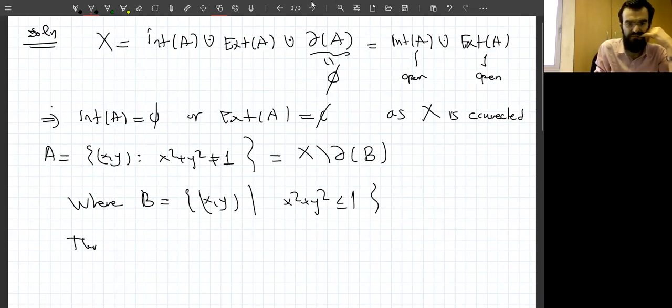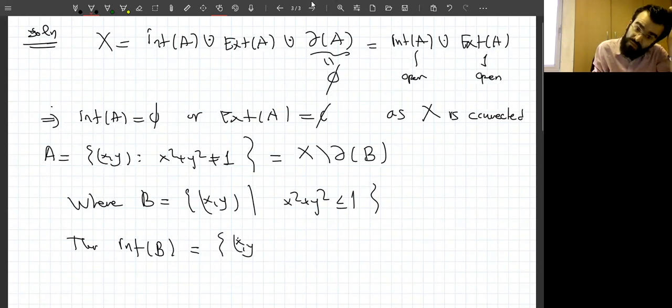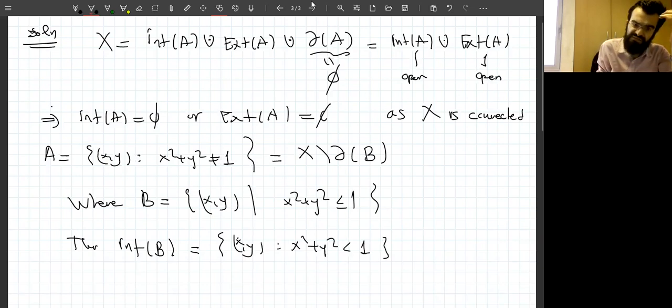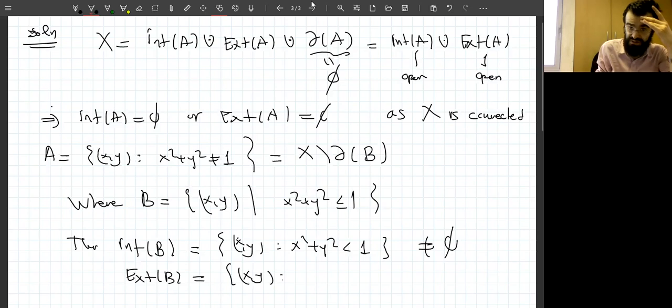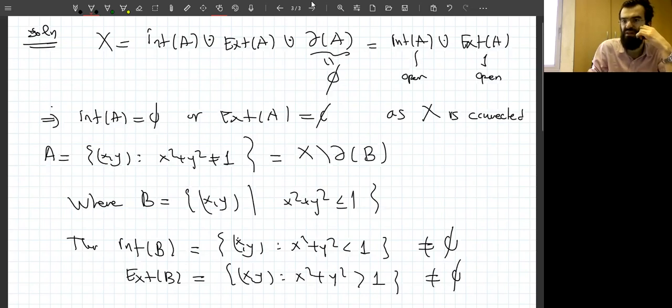Then interior B is what? Strictly less than 1. Exterior B, which is non-empty, is the set of XY with x squared plus y squared strictly greater than 1, and this is non-empty.